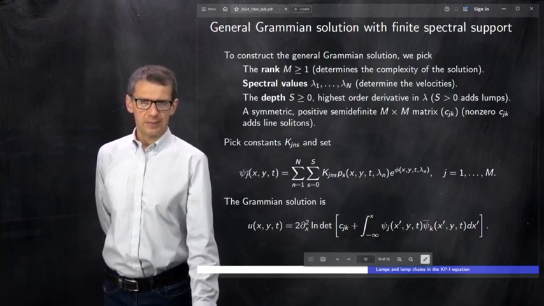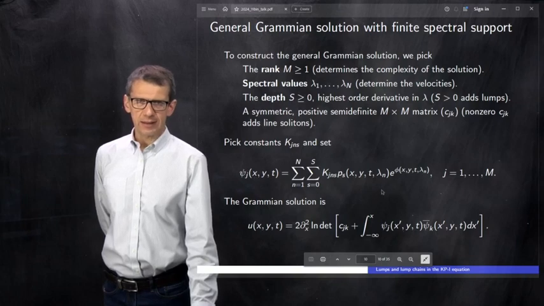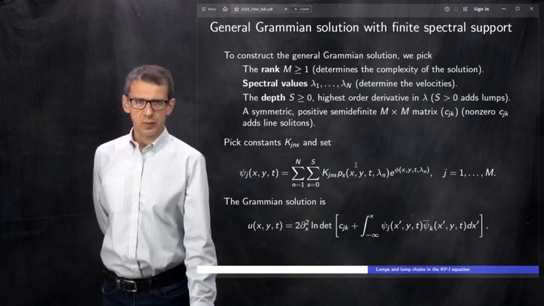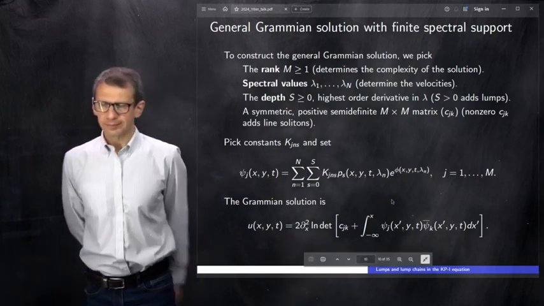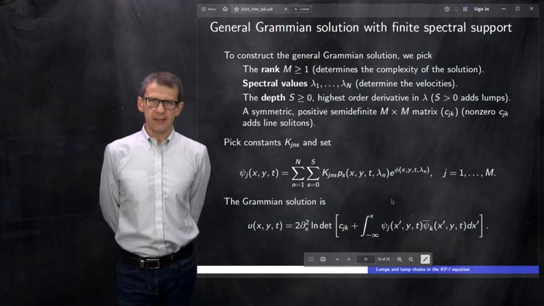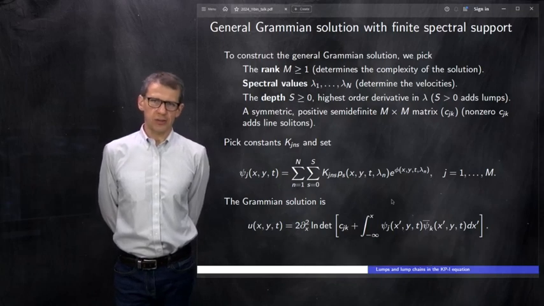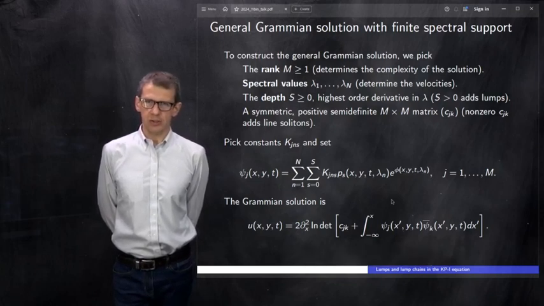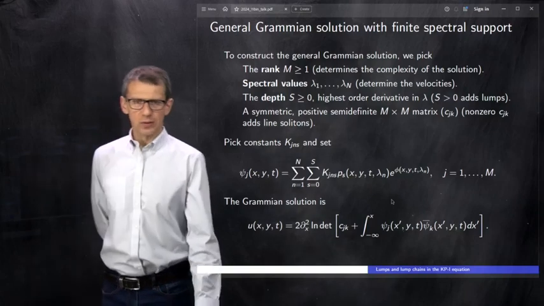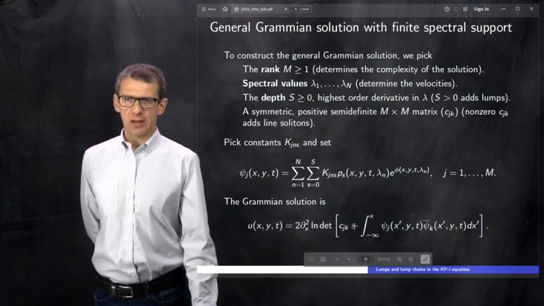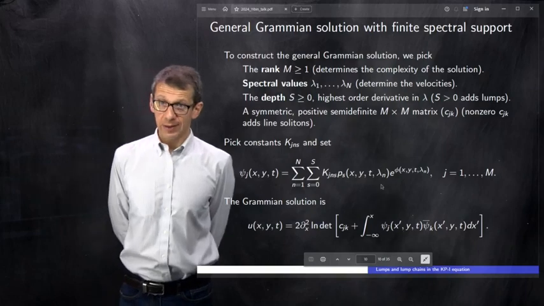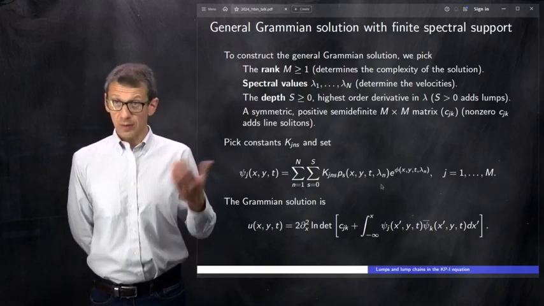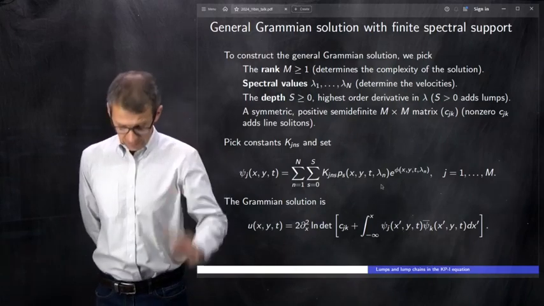So I take my function psi to be a sum of these exponential functions, which have been differentiated with respect to lambda with certain constants, and I plug this all into here. So it is not easy to guarantee beforehand that your solution is non-singular, so you essentially have to just check this by hand. So one thing you can do, of course, is you can require this matrix to be positive definite, but I will sometimes have it be positive semi-definite, or even zero. So I will verify non-singularity on a case-by-case basis.